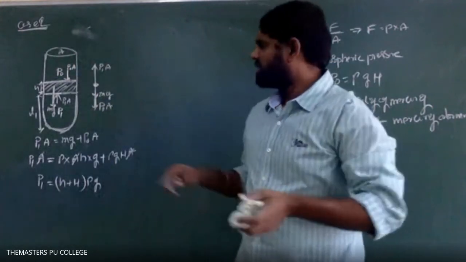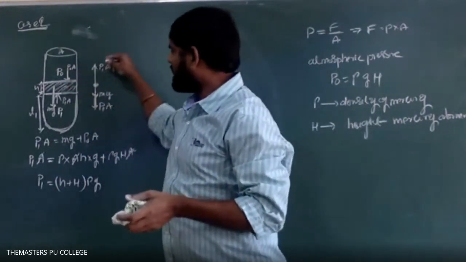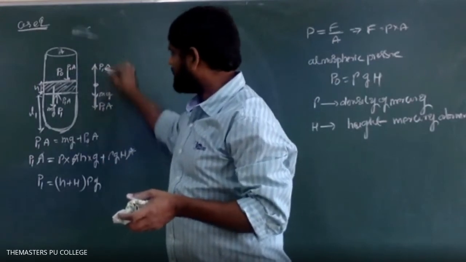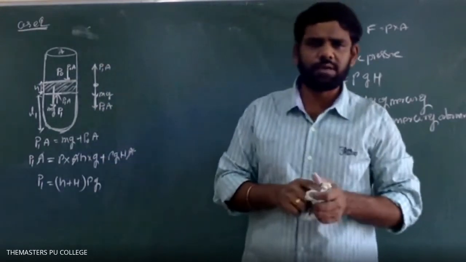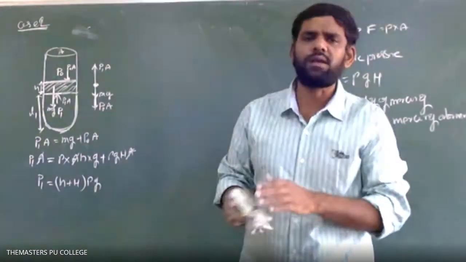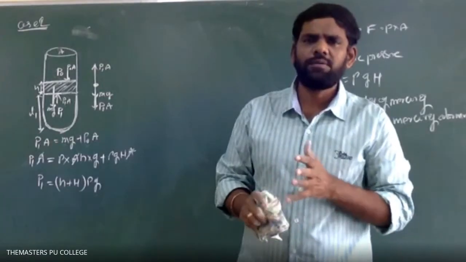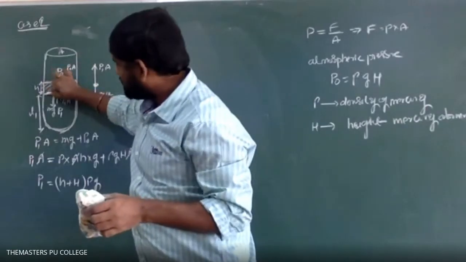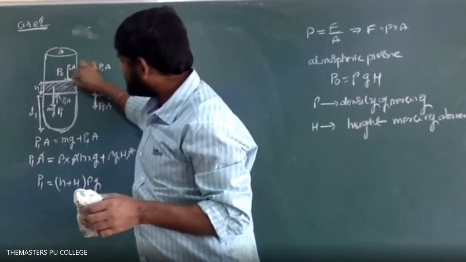Students, is there any doubt on why P0A and mg are acting downward and P1A is acting upward? Is there any doubt, students? Online? No, sir. Clear? Sir, how did you write that equation? Can you explain again? P1A is equal to mg plus P0A, how did you write that? List out what are the forces that are acting on the mercury pellet.